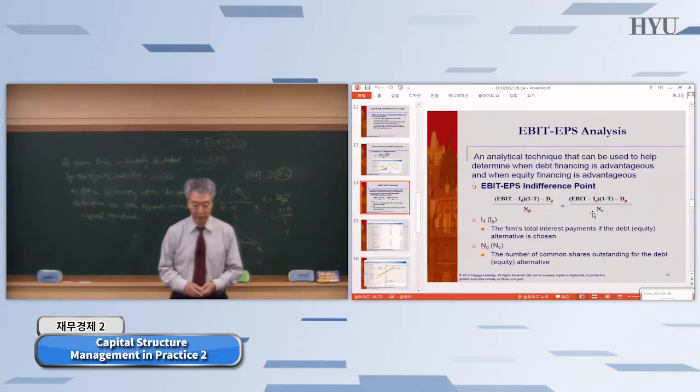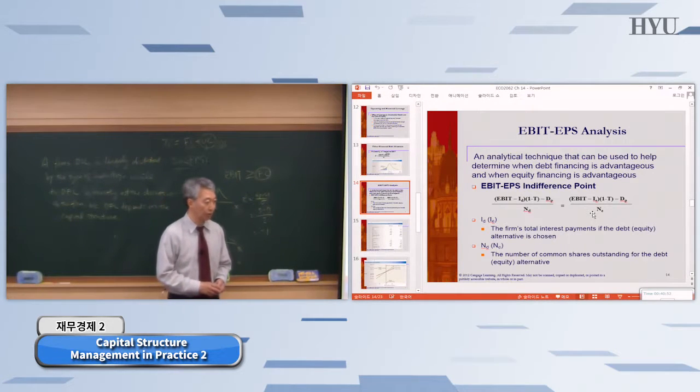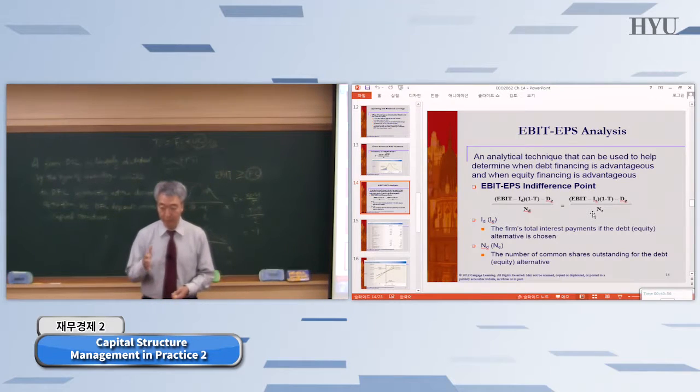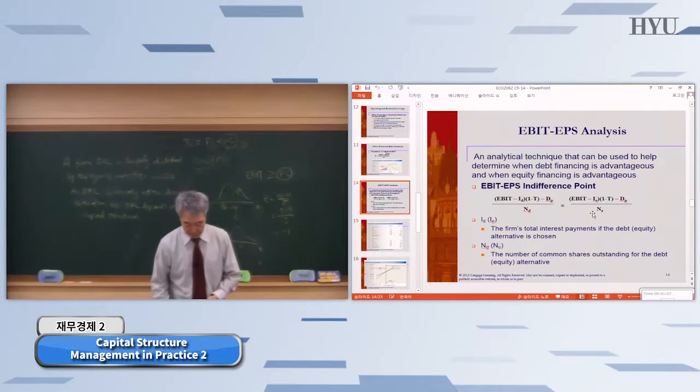Because ND is the case of debt financing, which means they are not going to issue any additional equity, right? But NE means from the current level, they're going to actually issue more equity, right? So number of shares will increase, right?